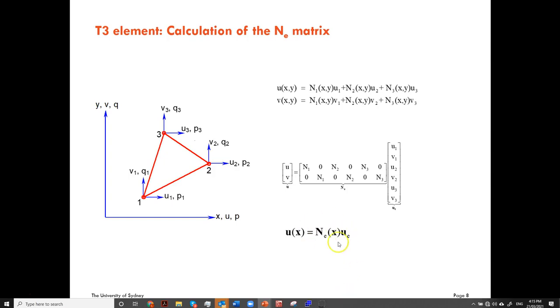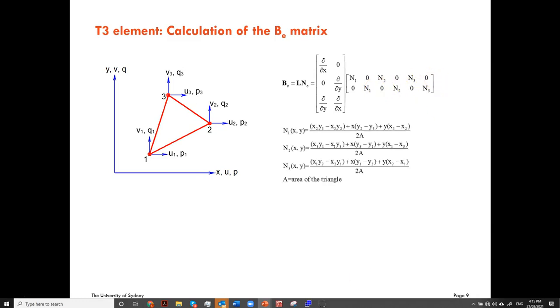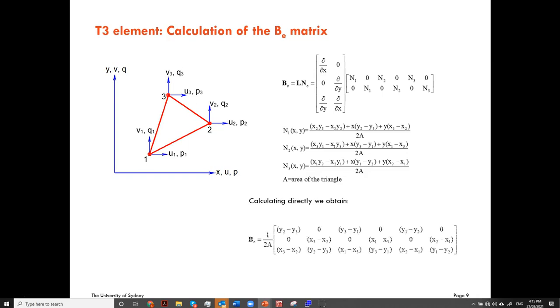So we have the expression for the displacement field, and then we have to calculate the B matrix. The B matrix is the multiplication of the L matrix by N. The L matrix was given by this, which is for plane elasticity, and then the N matrix is this one, so we just need to calculate all these operations, taking into account that N1, N2, and N3 were given.